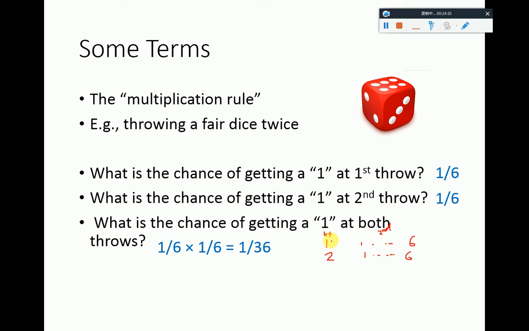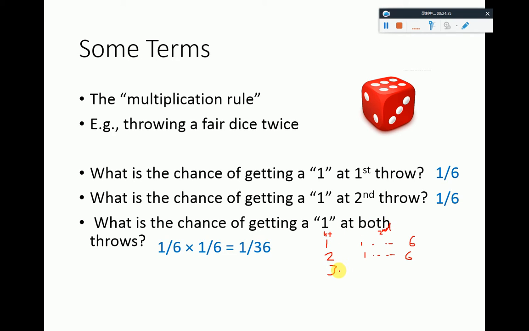If that's the case, these two throws will not be independent. But if you get a 1 at the first throw, the probability of getting a value at the second throw is totally random, identical. It's equally likely for you to get a 1 as you will get a 6. That means the two events are independent.